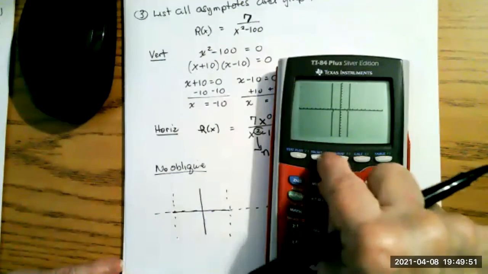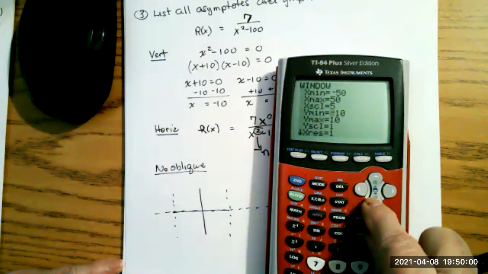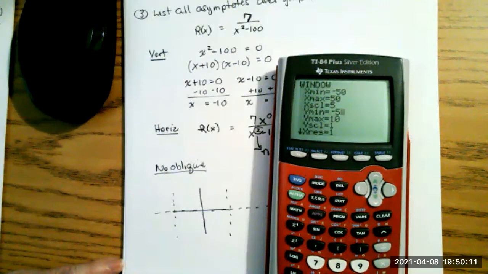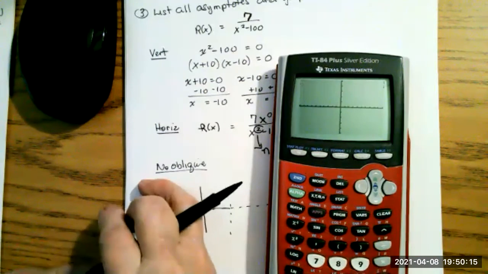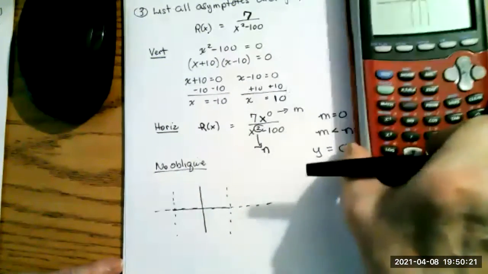Let's do our window for our x, -10 and 10. I don't know if that will help or not. Let's do a -5 and 5 and see if that helps. Sort of. You can just about see it now. Let me show you what it looks like.